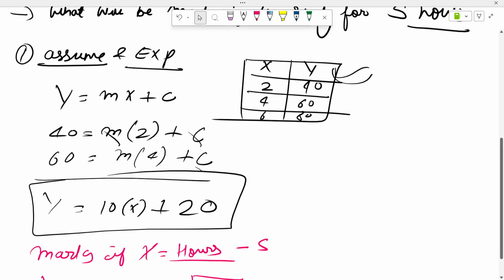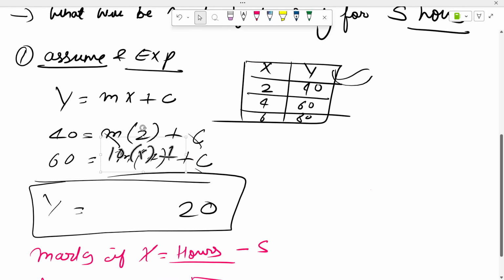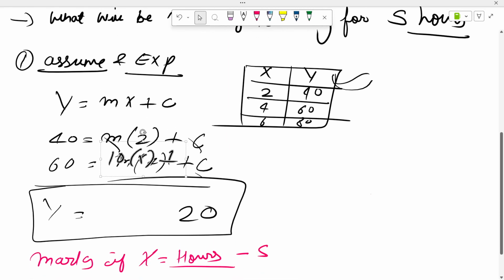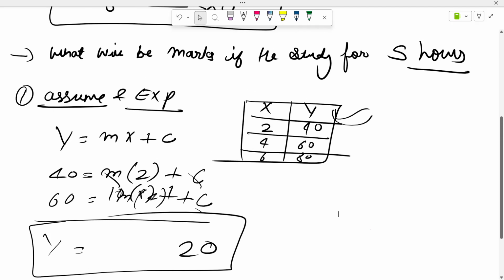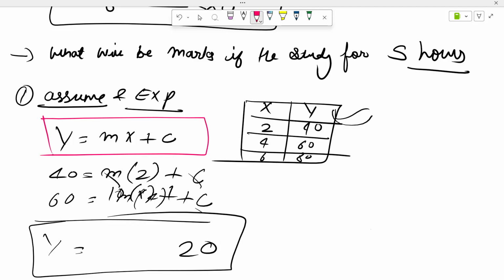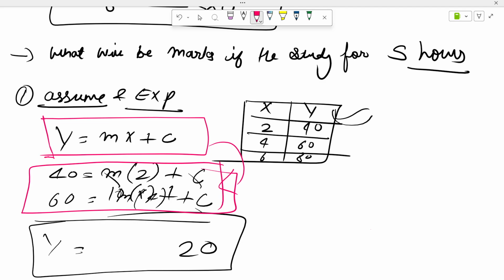What did you do exactly? You had data, and you wanted to know the output for some unseen data, some input whose output is not given. So from the given data, you first assumed it is a linear equation. Then you did some experimentation, trying to solve this equation using the data and figure out the correct values of m and c.